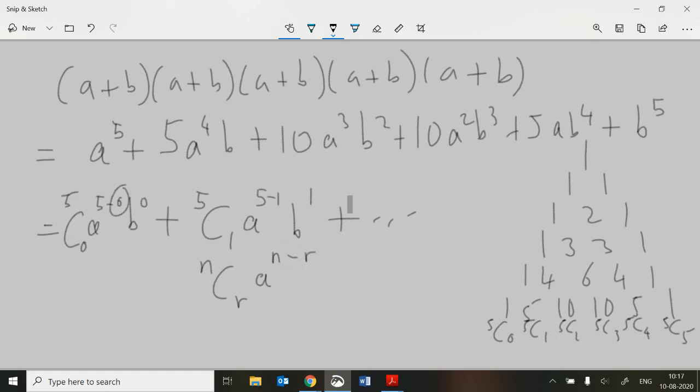Okay, originally we took away 0, we're taking away 1, next one we'll take away 2. Then we have b to the power of 0, 1, and those powers increase. So this is b to the power of r. So if you want a general term here for the expansion, there it is. That's how you get any particular term out from your expansion of a plus b to the power of something.